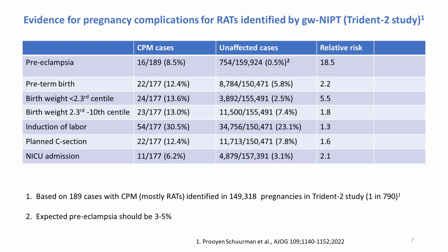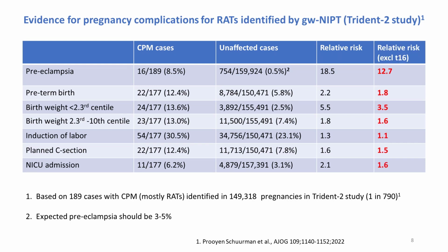So if you adjusted that figure downwards, you'd be down to something like maybe a relative risk of 2 or so. So a very weak association with poor pregnancy outcomes if there's a RAT present.